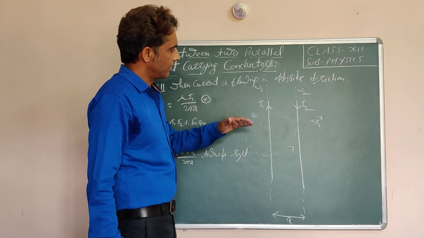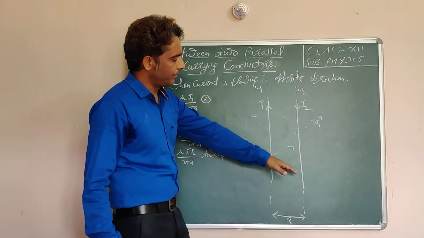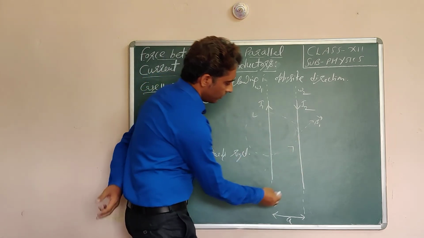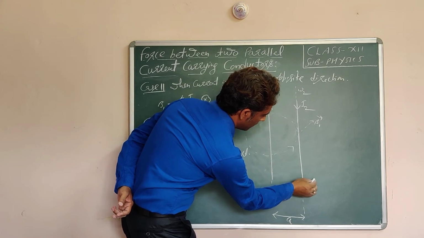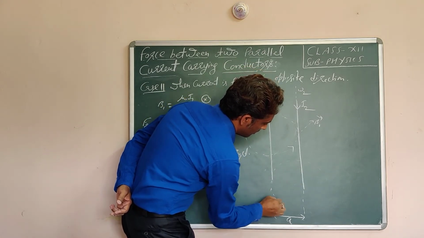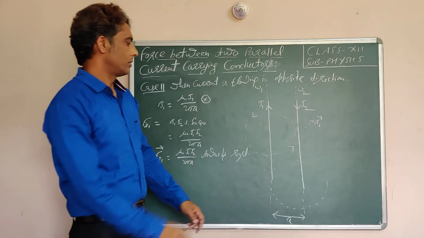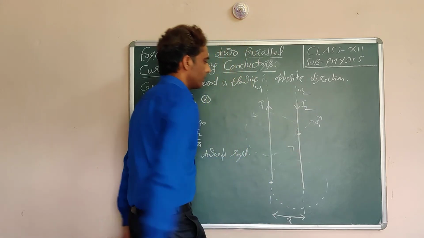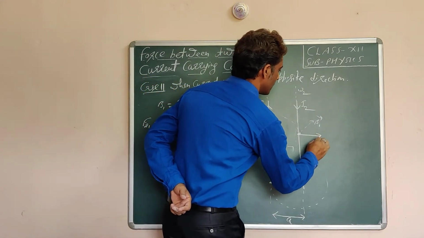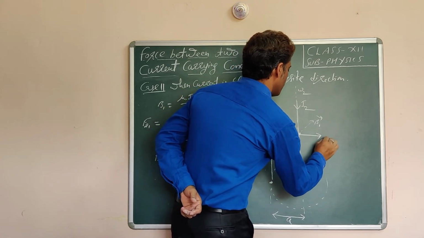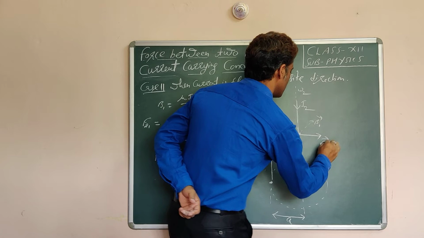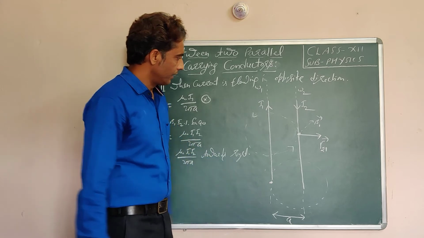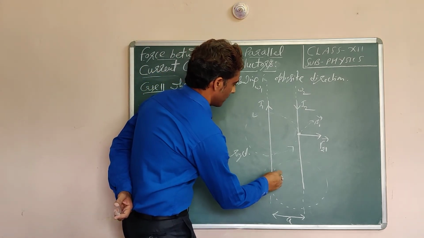Again, if I draw magnetic field line due to this conductor carrying current I2, then it is also a circle. If I consider this point, so here direction of force is toward, this is F1. Now in this case, the arrow will be like this.